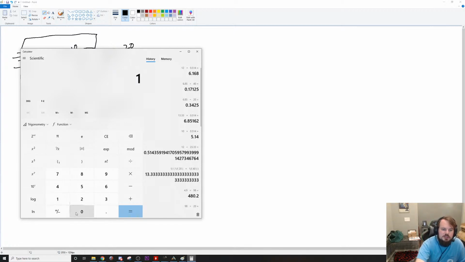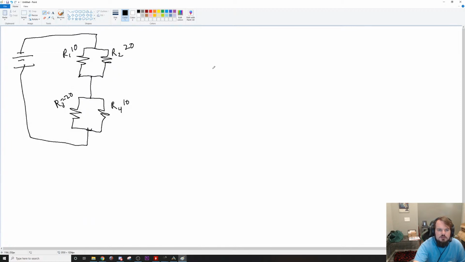Open parentheses, 10 to the power of -1 plus 20 to the power of -1, 6.67. So these combine to make a 6.67 ohm resistor.